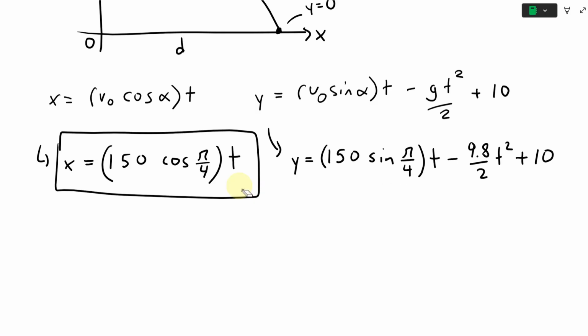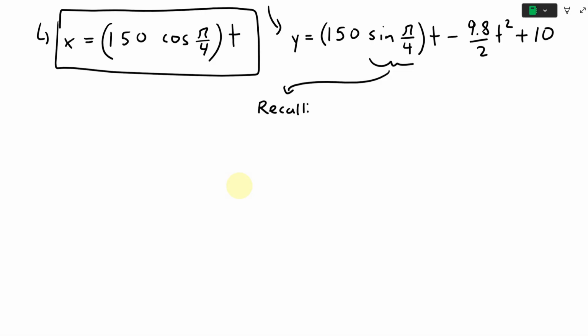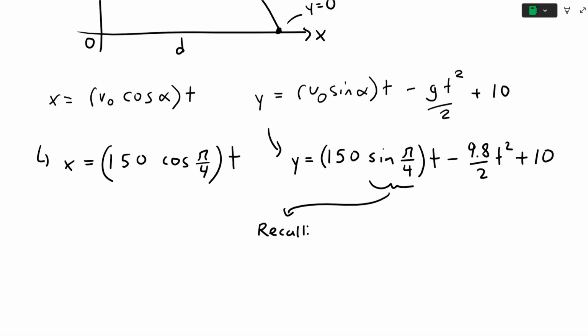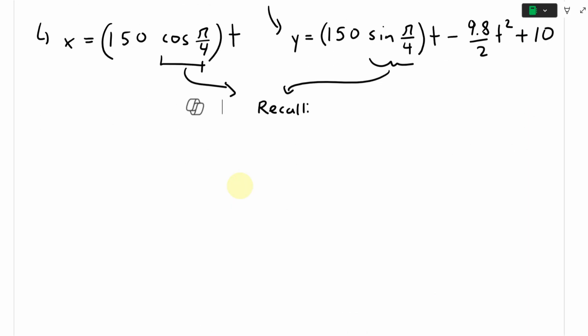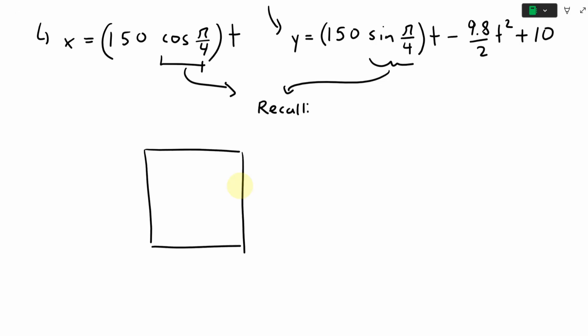Now, if you notice here, for this sine pi over 4, we could get the exact trig ratio. So recall, if we have a triangle set up, I'll put it out here. I did a video on this, but I like doing this always, instead of just remembering it.